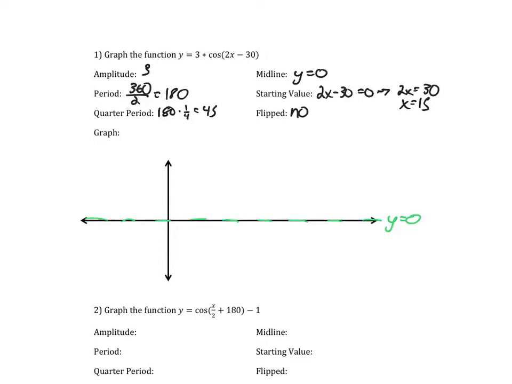So my starting x value is 15, and my starting y value is going to be the amplitude above 0, which will be 3. So that will take me to a point here of 15, 3 as my starting x and y value for this function.